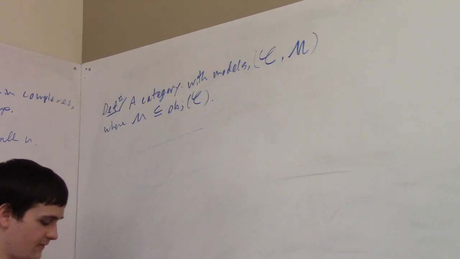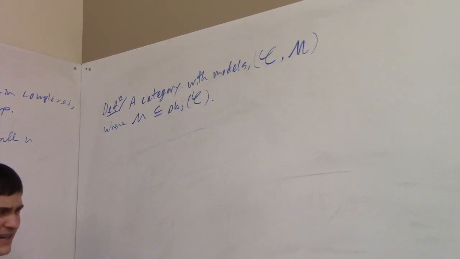So essentially that's the usefulness of this. It's kind of like a basis for a topological space, right? You choose a subset and it makes things easier to prove.